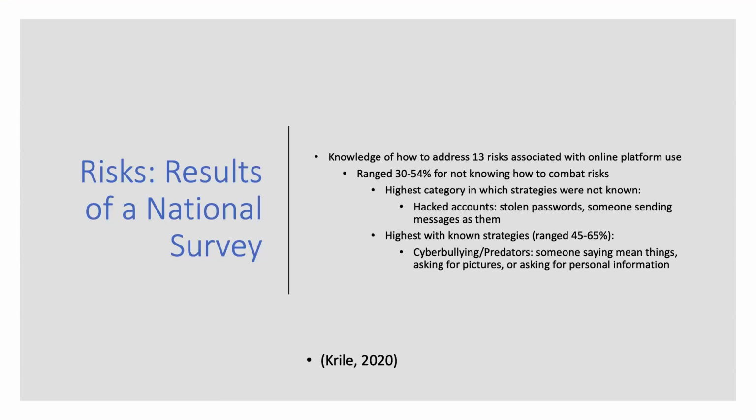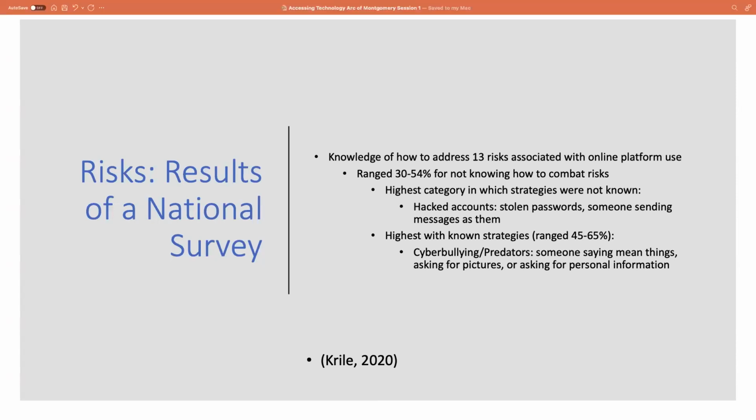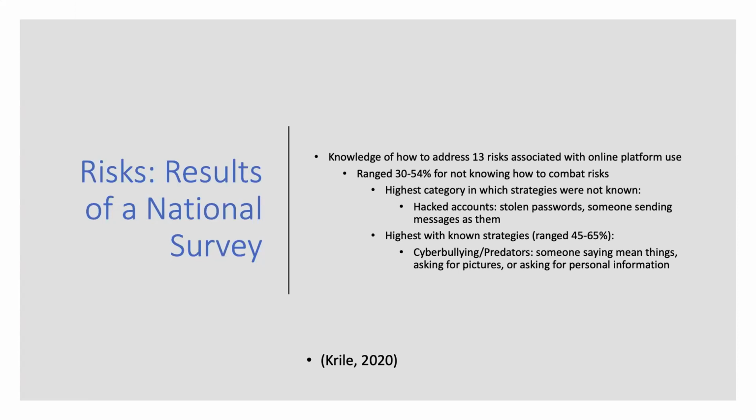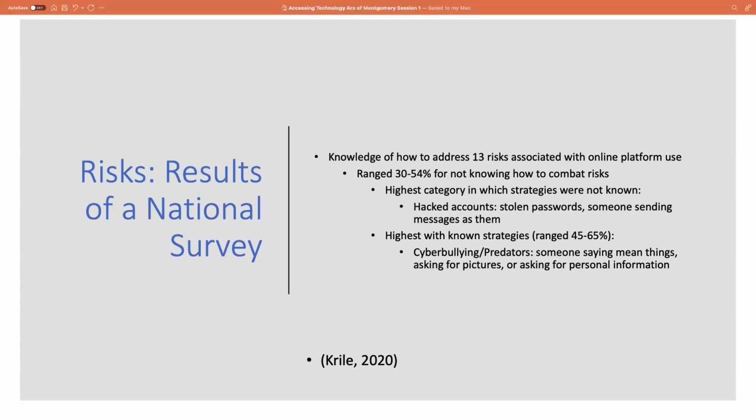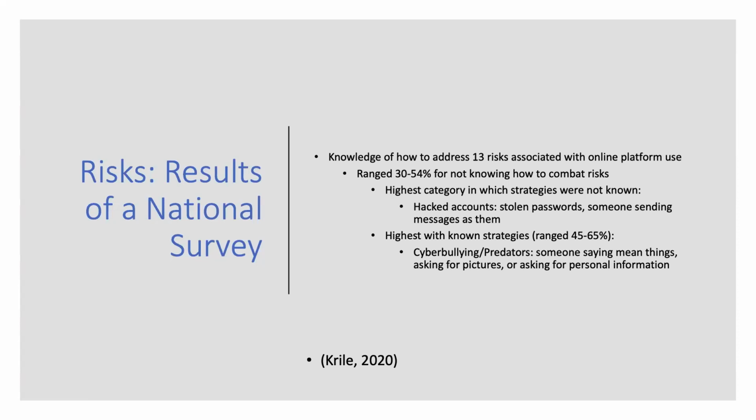The one that they really didn't know how to combat or address was getting hacked. If my account is hacked, what do I do? How do I change my passwords? How do I reach out to people and say, hey, my account is hacked, don't add me?